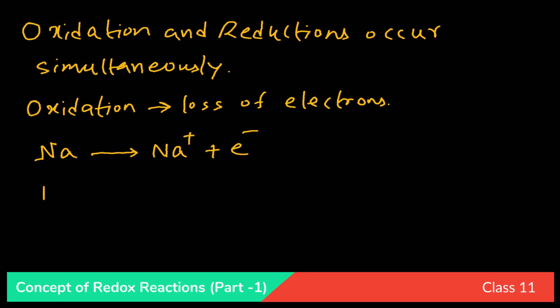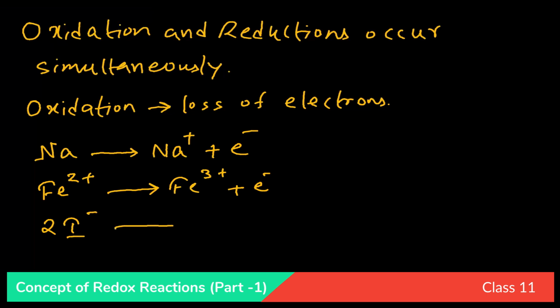Similarly, for a cation, suppose this is our ferrous ion, Fe2 plus, it will lose one electron and form Fe3 plus ions, that is ferric ions. Many other examples are also there. Suppose for an anion like iodide ions, they will lose electrons to form iodine.